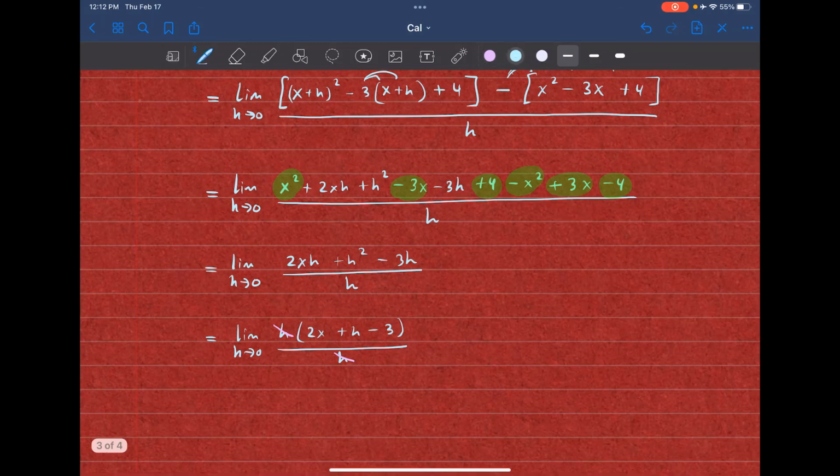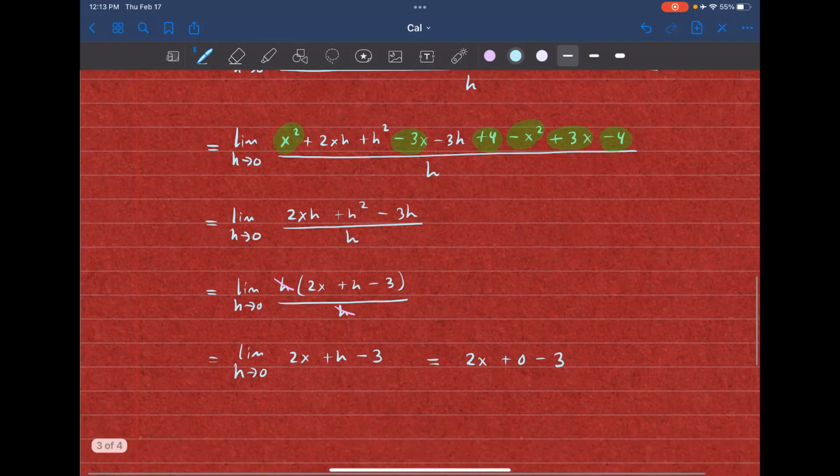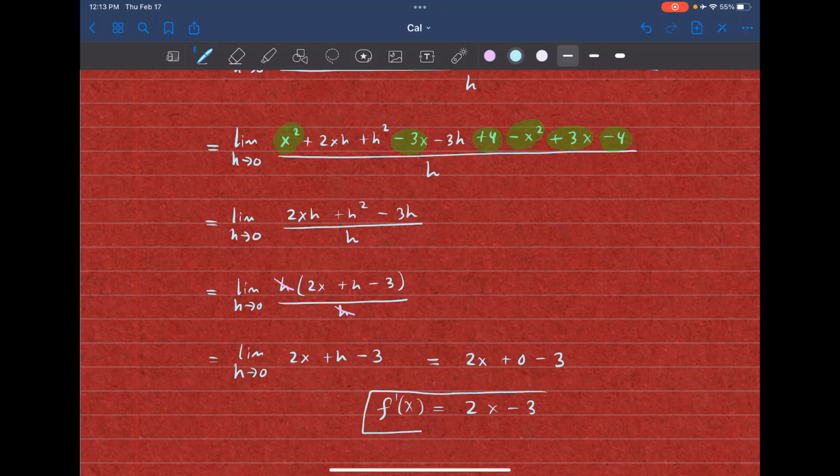So then now we have the limit as h approaches 0 of 2x plus h minus 3. Now if we take the limit, substitute h equals 0, you have 2x plus 0 minus 3, which gives us 2x minus 3. So that is our f prime of x. So that's the derivative function of this given function.